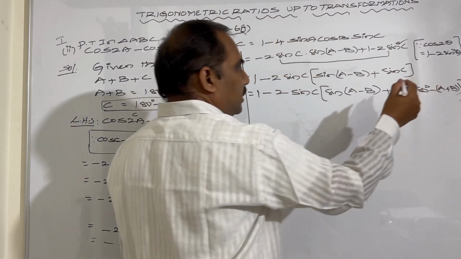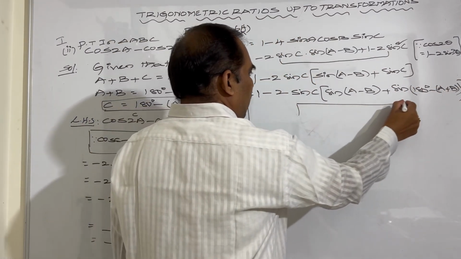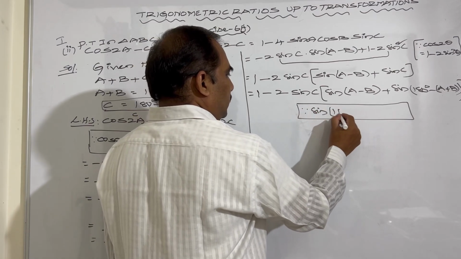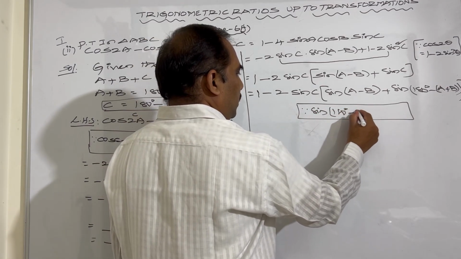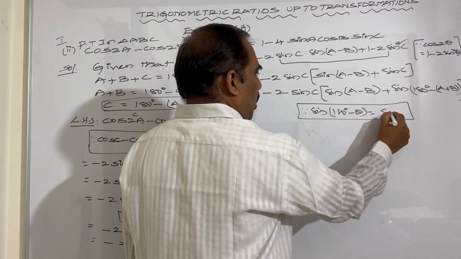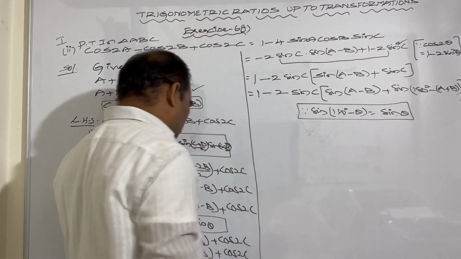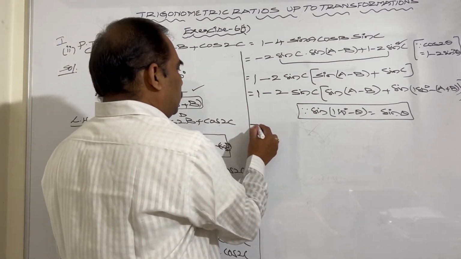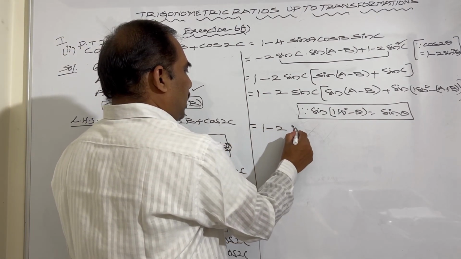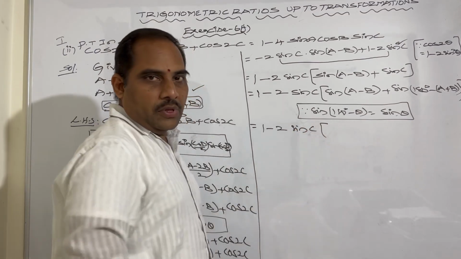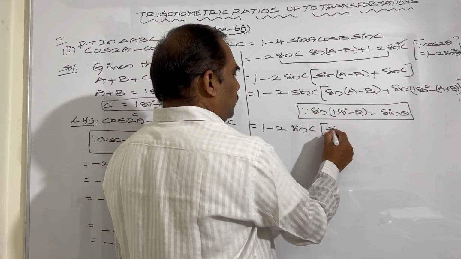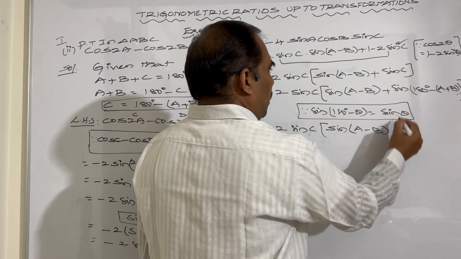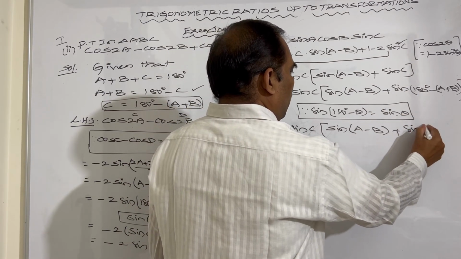So it is again sin (180 minus theta), and sin (180 minus theta) is always sin theta, as I already told you. Applying the same here, we can write it as 1 minus 2 sin C into sin of (A minus B) plus sin of (A plus B).